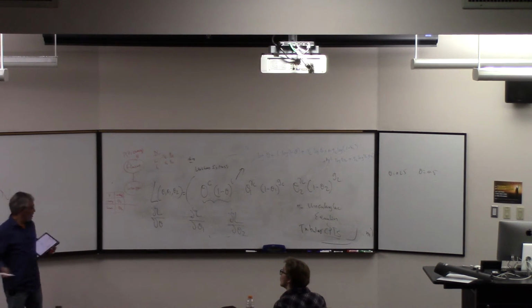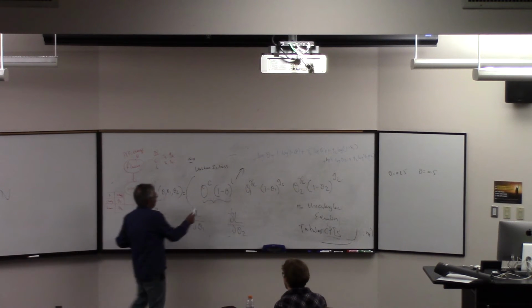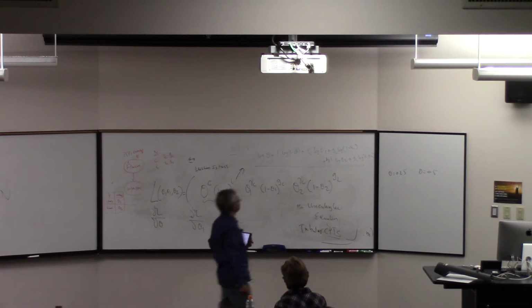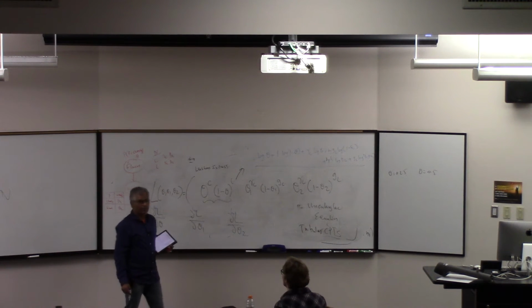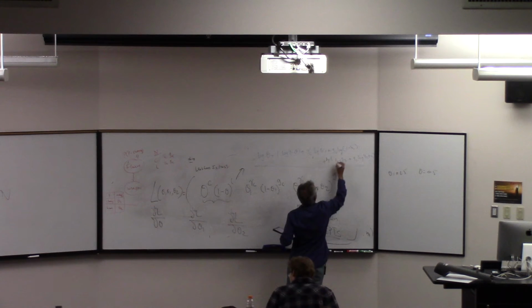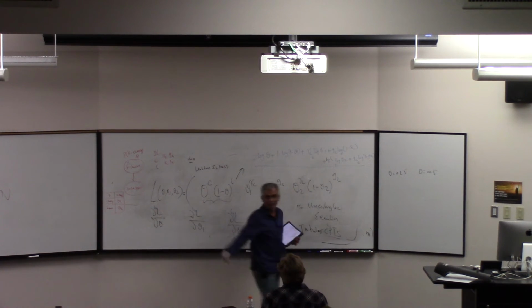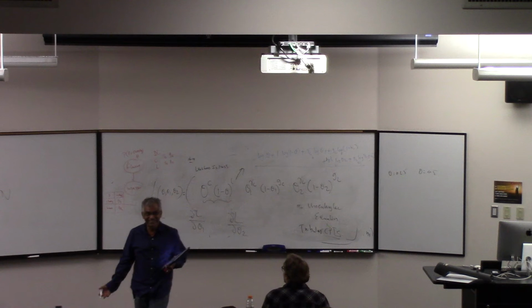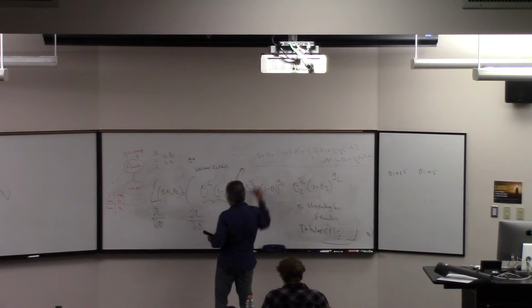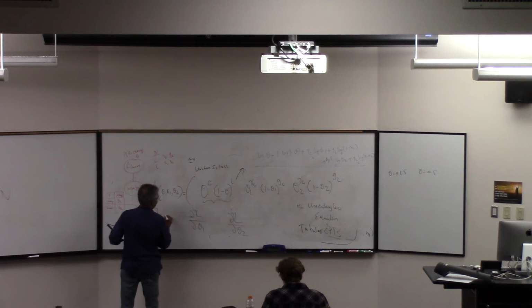Partial derivatives. So what is the partial derivative of this with respect to theta? With respect to theta, the derivative of this is 0, this is 0, this is 0, this is 0. So the only ones which have derivatives will be our old guys.